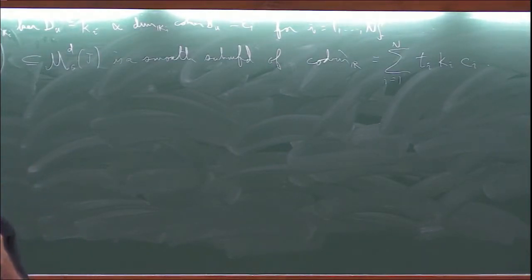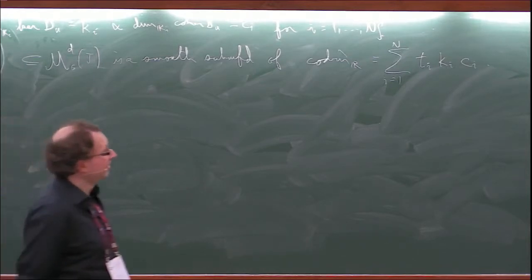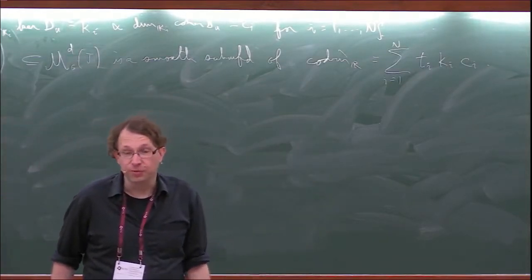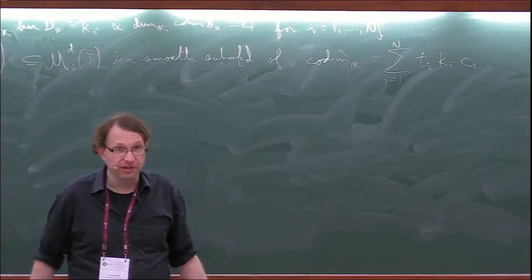Let me try to explain a little bit what to do with this. For example, if all the cokernels are zero-dimensional, this is a zero-codimensional submanifold, so it's then just an open set.